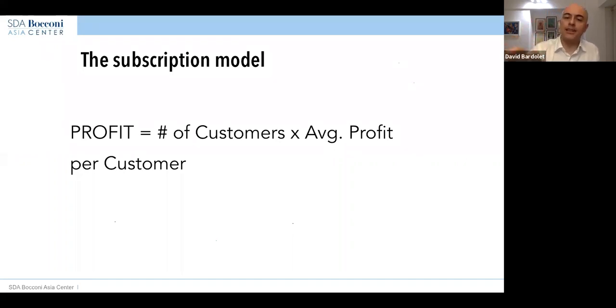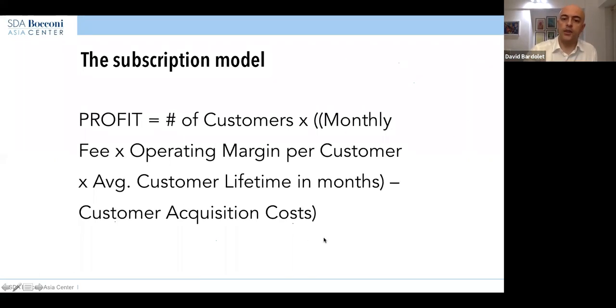Now, how can we break down this average profit per customer in a way that we can understand a little bit more how different subscription models differ from each other? The distinction here is like this. The number of subscribers is still there, but now this average profit per subscriber is made of 4 things.